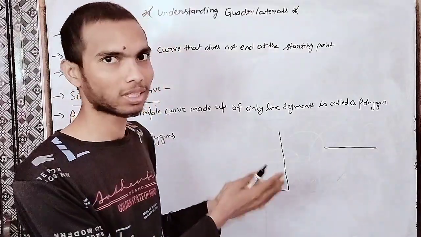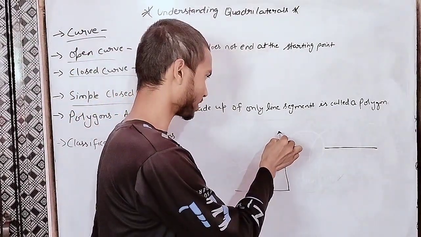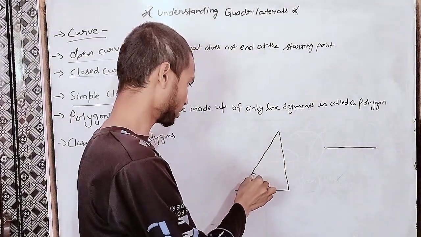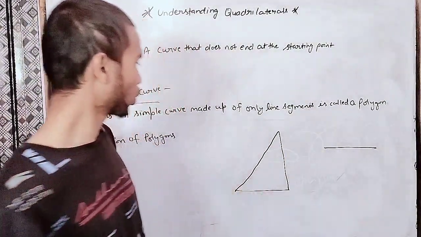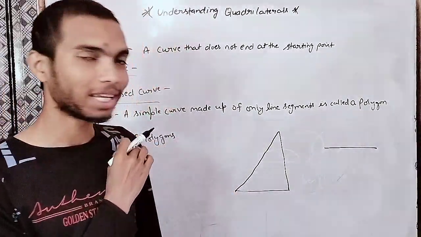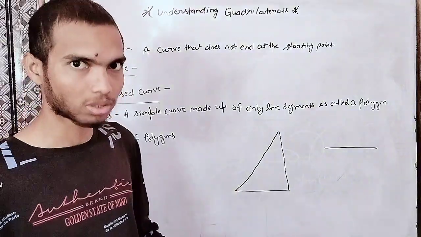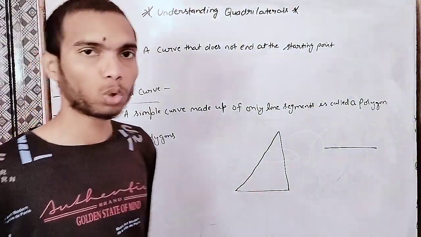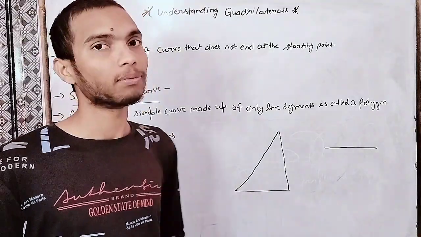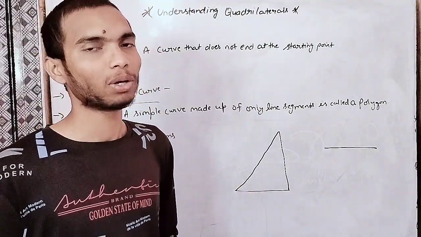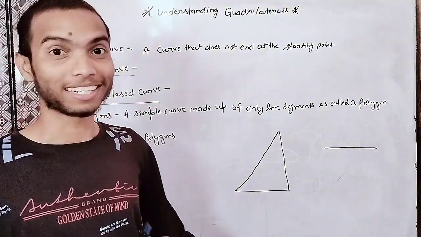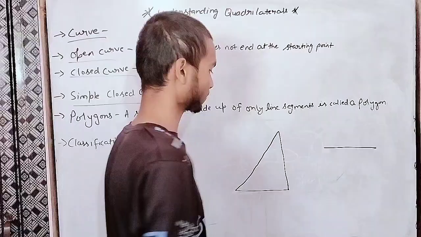So to make it a closed curve, we will take a third line segment. Now you can see we have a diagram which is closed, and we took three line segments, and as a result we have a polygon.